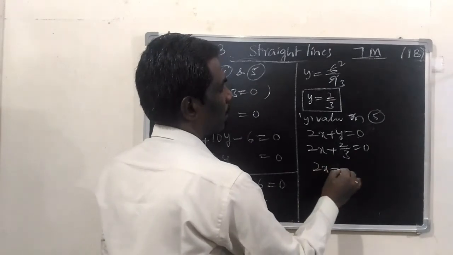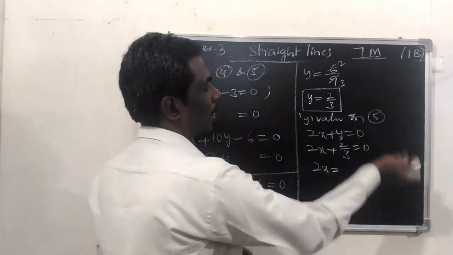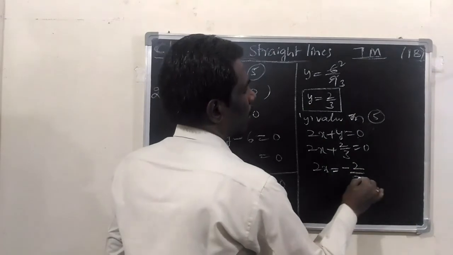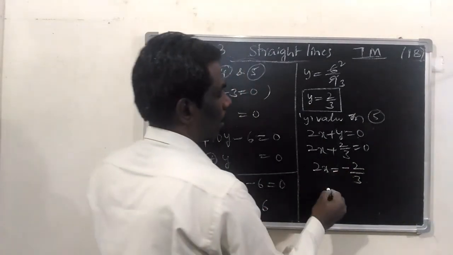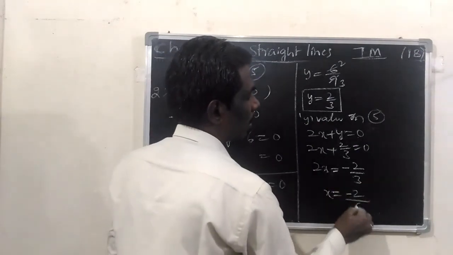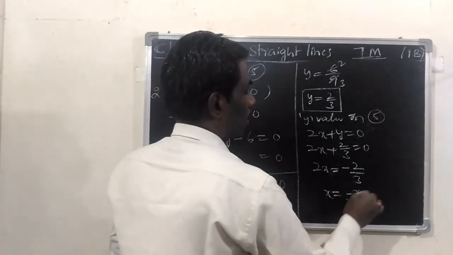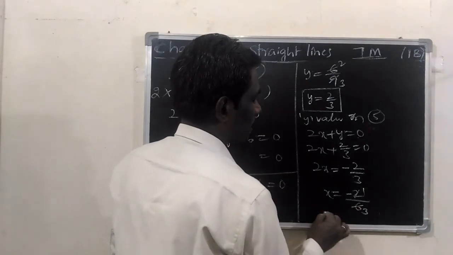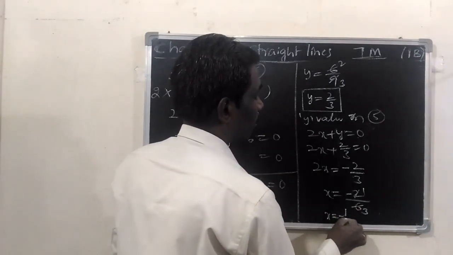Right, 2x is equal to, take this plus 2 by 3 to the right side, that is minus 2 by 3. Now write x as it is, minus 2 by, this 2 3s are 6. 2 1s are 2, 3s are. So x is equal to minus 1 by 3.